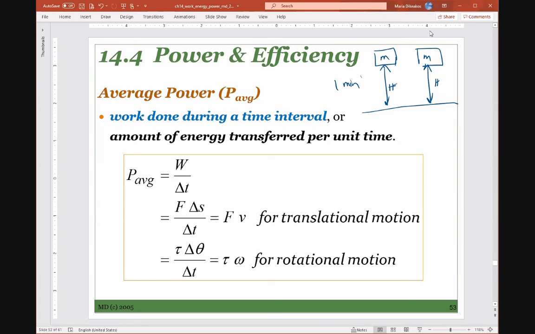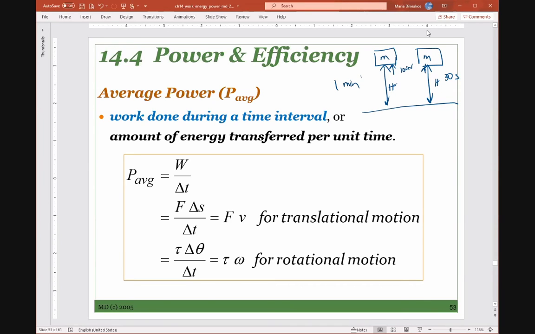You lift the same box a height of h, and let's say you do this in 30 seconds. The amount of work done by the applied force, let's say you apply the same amount of force, you apply a 100 Newton force in both cases to lift this box. The work done by this 100 Newton force in both cases is the same.